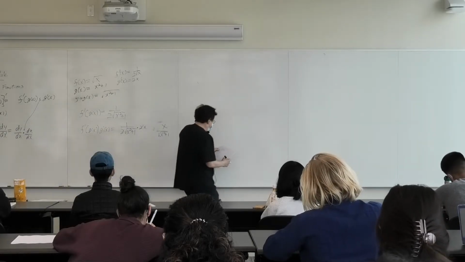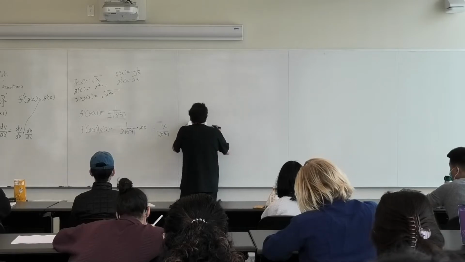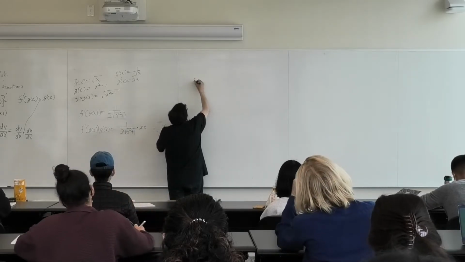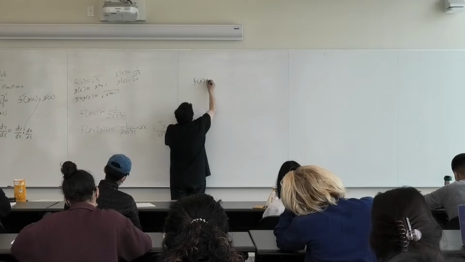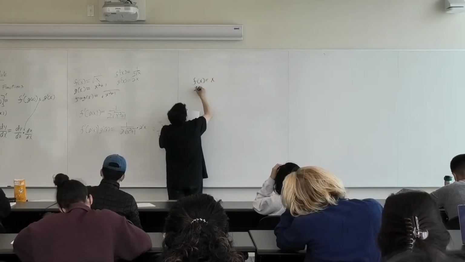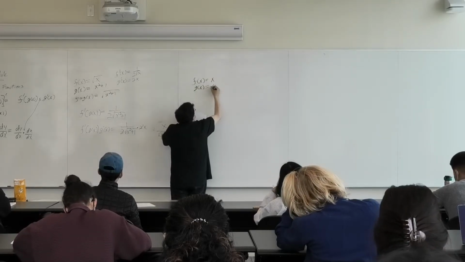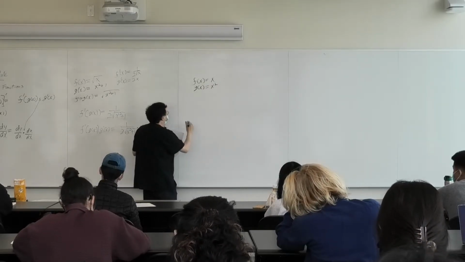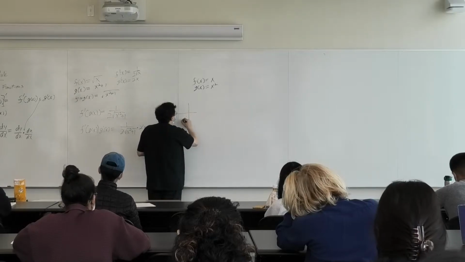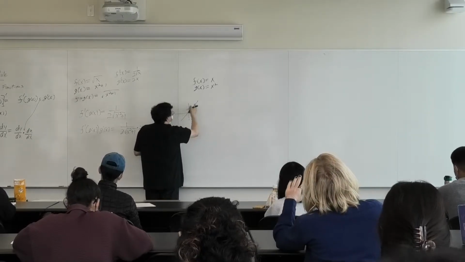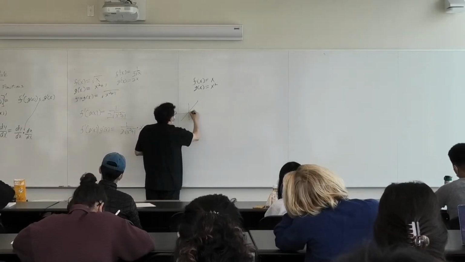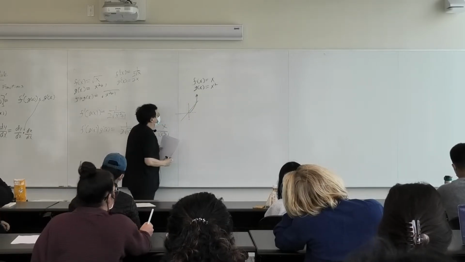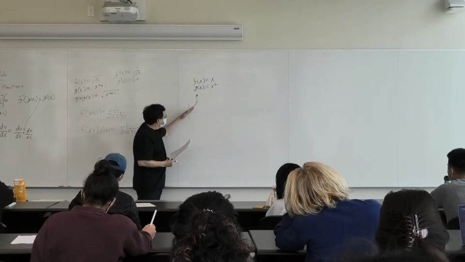So the first example I want to do is really simple. I'm just going to say f of x equals x and g of x equals x squared. Now, let's think about that in terms of a graph for a second. I've got x, that's just a straight diagonal line, and x squared is going to be a parabola.